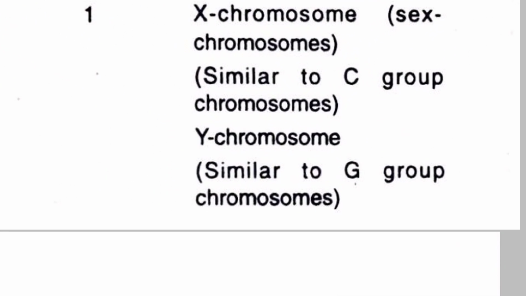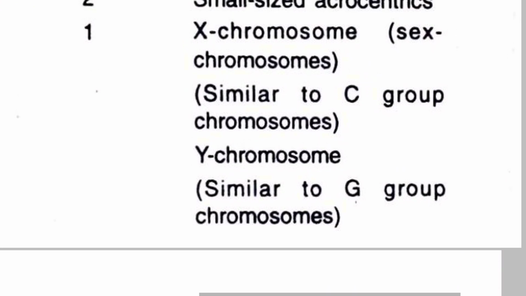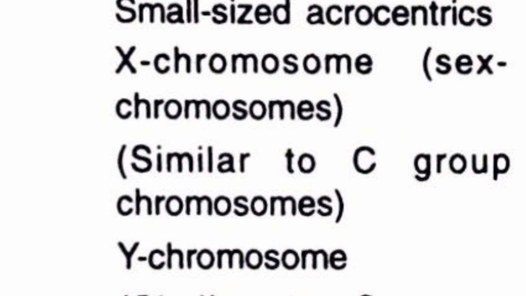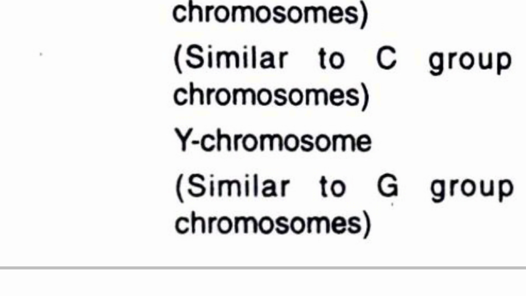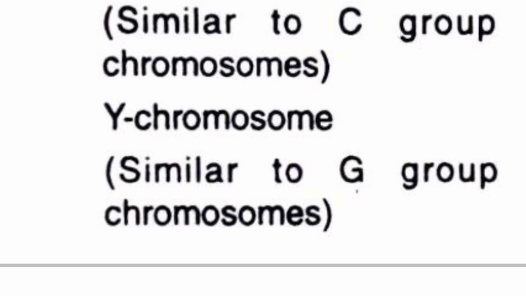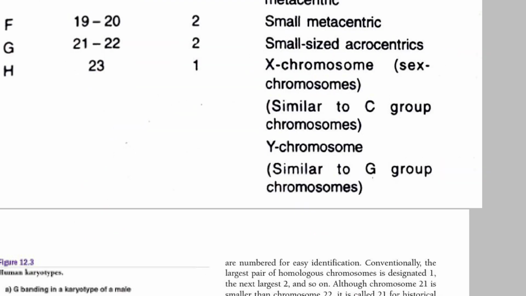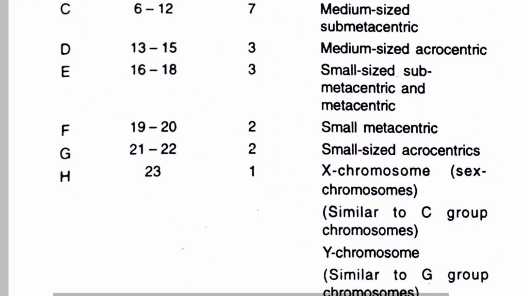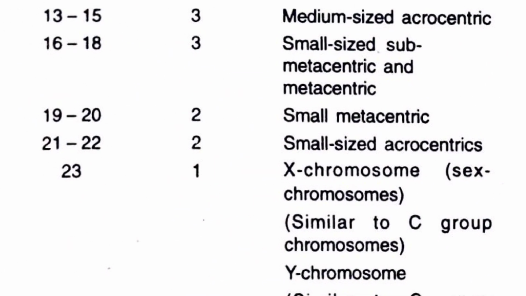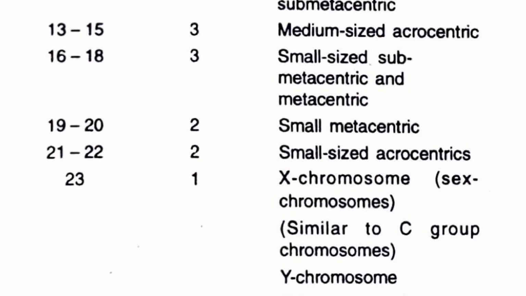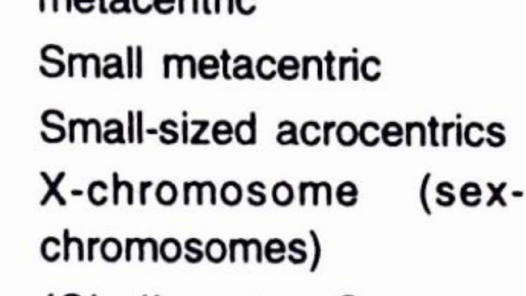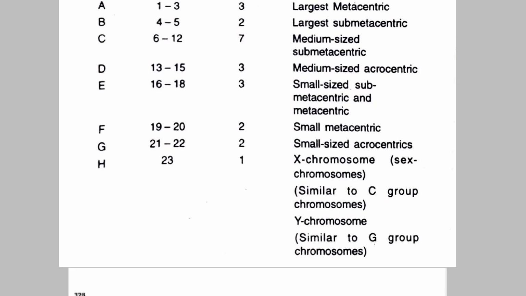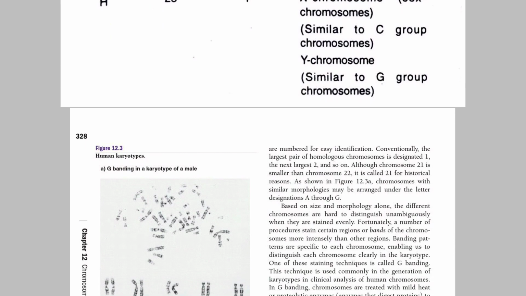And in men, one X chromosome that belongs to group C, and one chromosome is a Y chromosome. So Y chromosome is similar to G group chromosome, and the G group is small size acrocentric. So I am showing you this X and Y chromosome.